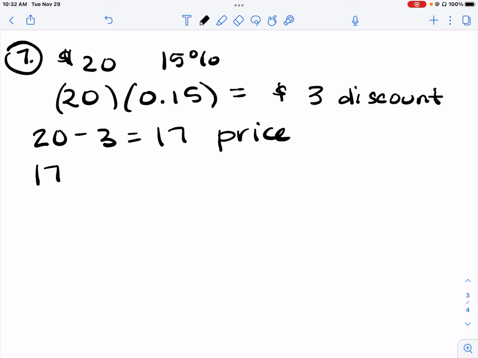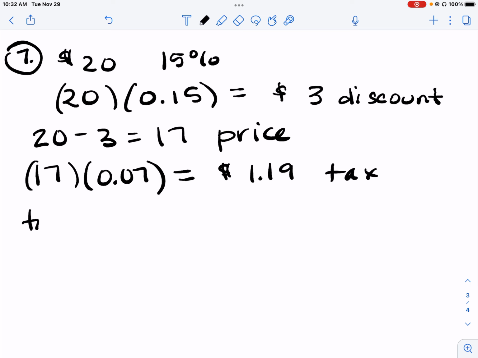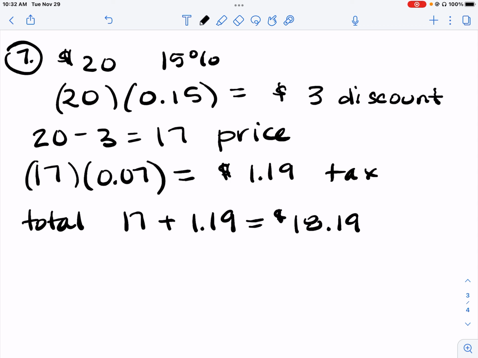If tax is 7%, you multiply the 17 times 0.07, which is $1.19 in tax. So our total is 17 plus $1.19, which is $18.19.